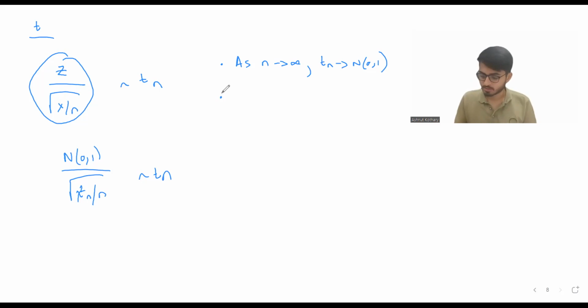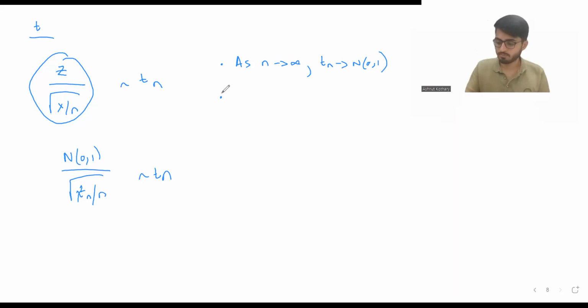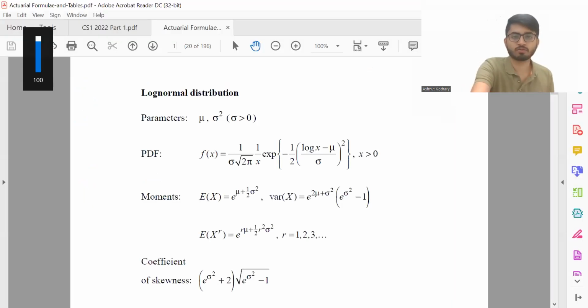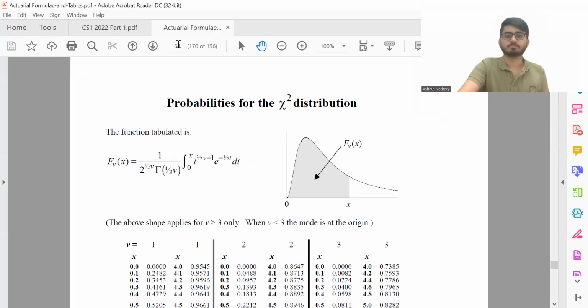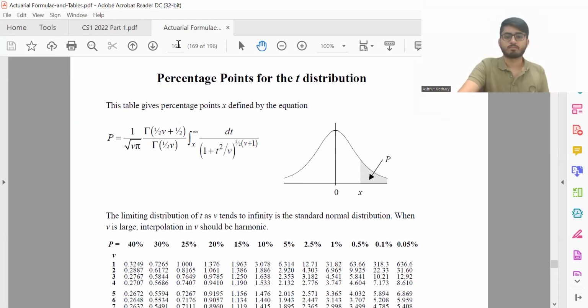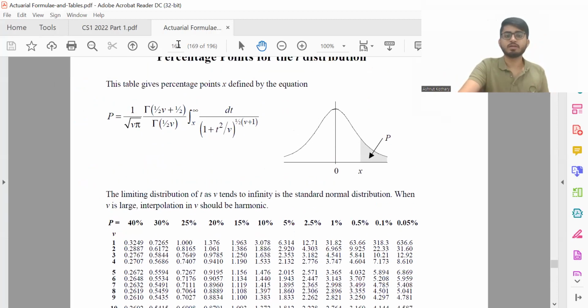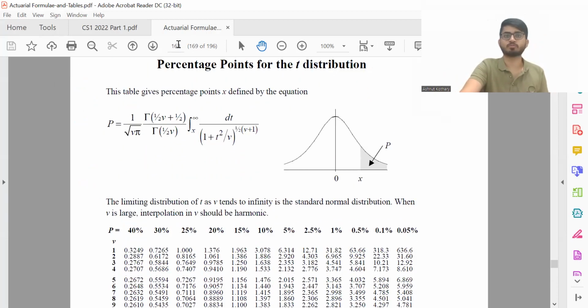Let's take a look at actuarial tables again. So on page number 163, if I recall correctly, yes. You will note that for a T distribution, what we have is the percentage points. So we need to use these only to calculate the probabilities. And later on, we will see how to go about using percentage points for calculating probabilities as well.